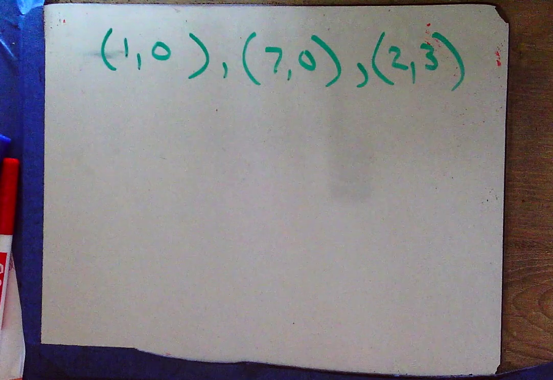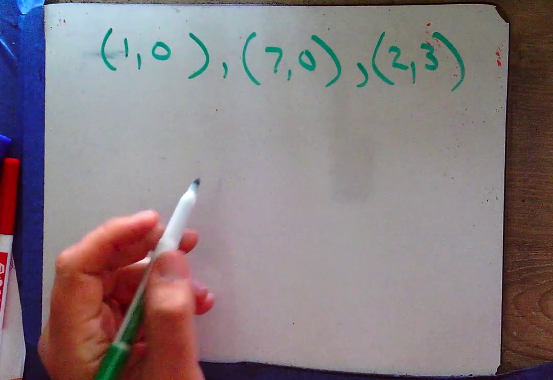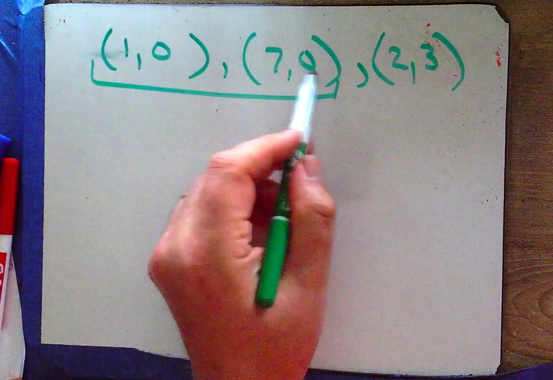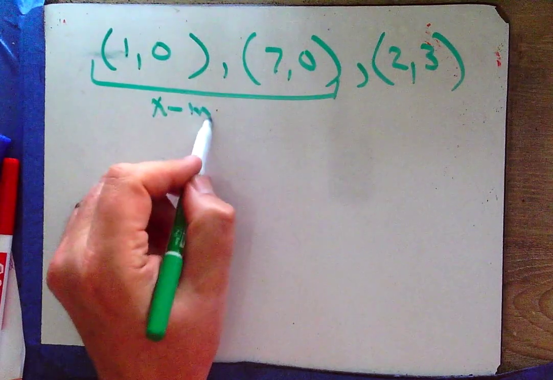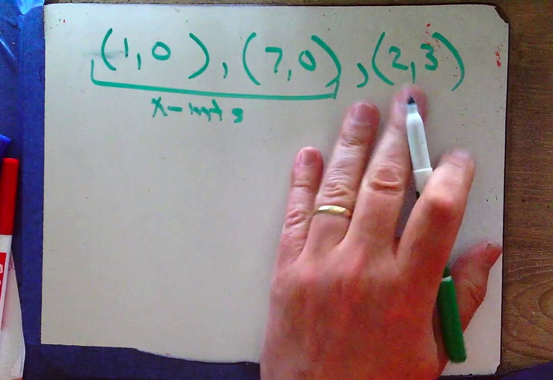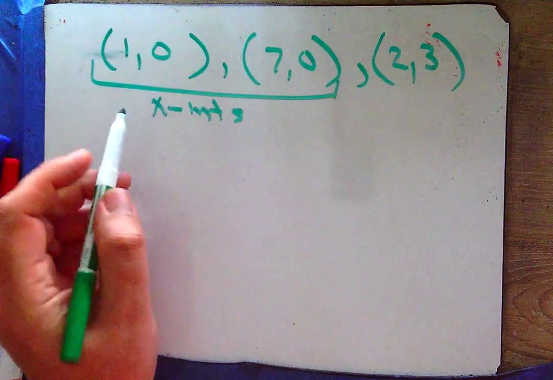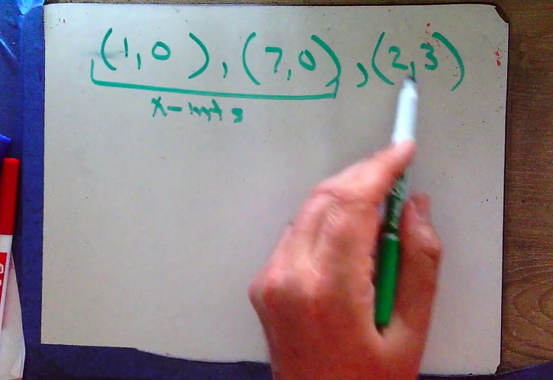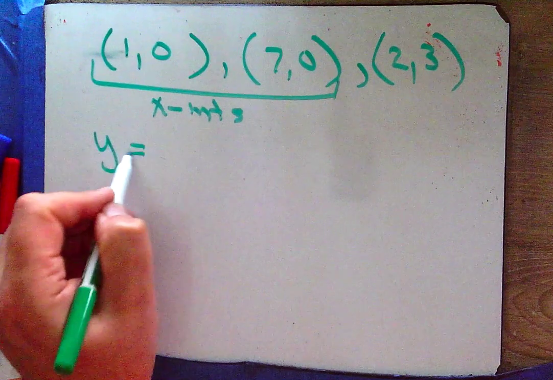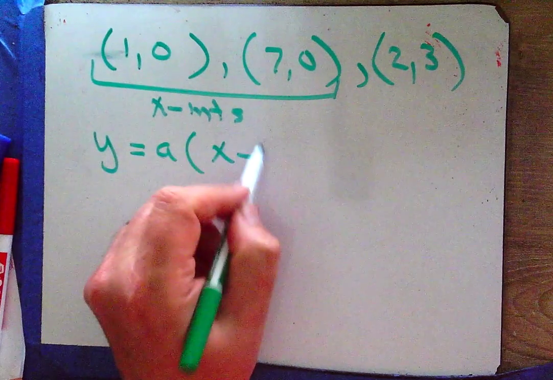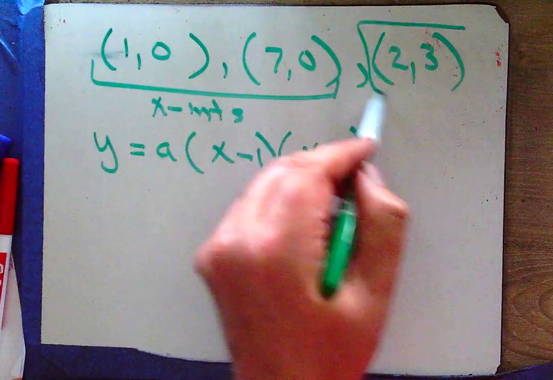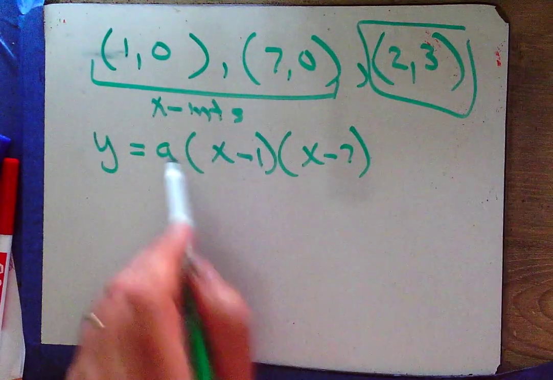Okay, so again, I hope you noticed that when you're given y equals 0, those are your x-intercepts. And this is not a y-intercept because there's no 0 there. But I can use intercept form. (x minus 1)(x minus 7). Now let's use this extra point to solve for a.